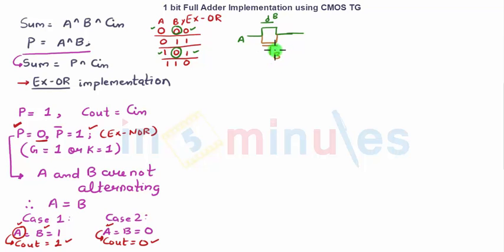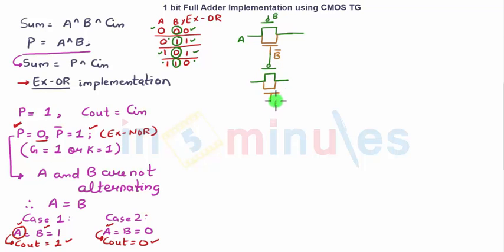This will be B bar, opposite polarity. The other case is when B is equal to 1, my output is equal to A bar. So B is equal to 1. So for PMOS, that's going to be nothing but B bar.